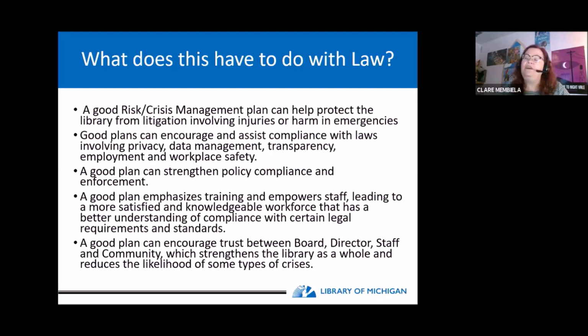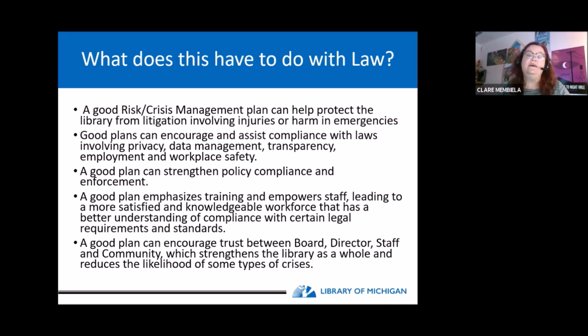And then lastly, having a really good risk management plan and a good crisis management plan can really foster trust between all of the stakeholders in a library, right? So if you have a really good risk management plan and a good crisis management plan and all of the things that go in that, so you've strengthened your policies and you've done what you can to make sure you're in compliance, that strengthens trust between not only the board and the director, because part of this process is making sure that the director has enough power and enough authority to do some things on the ground in a crisis without talking to the board.